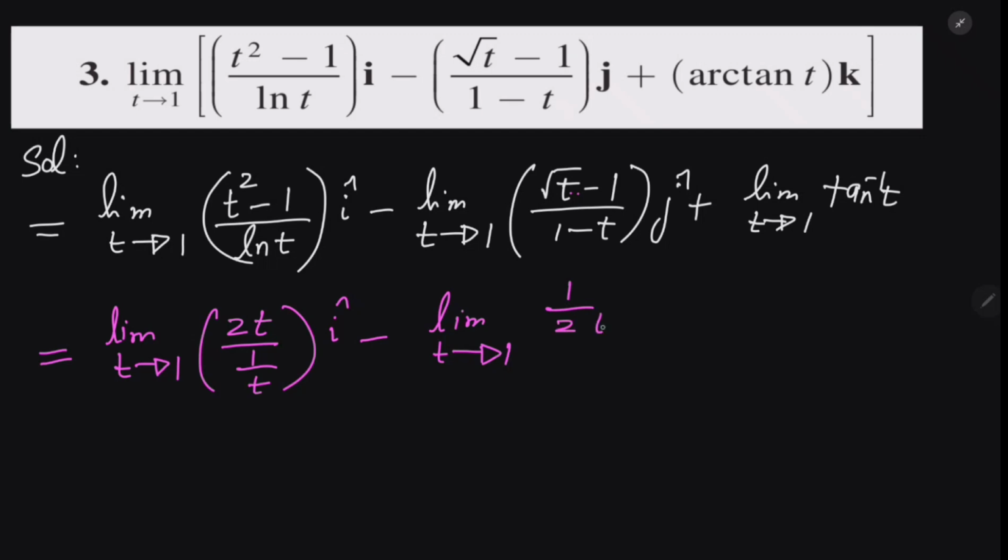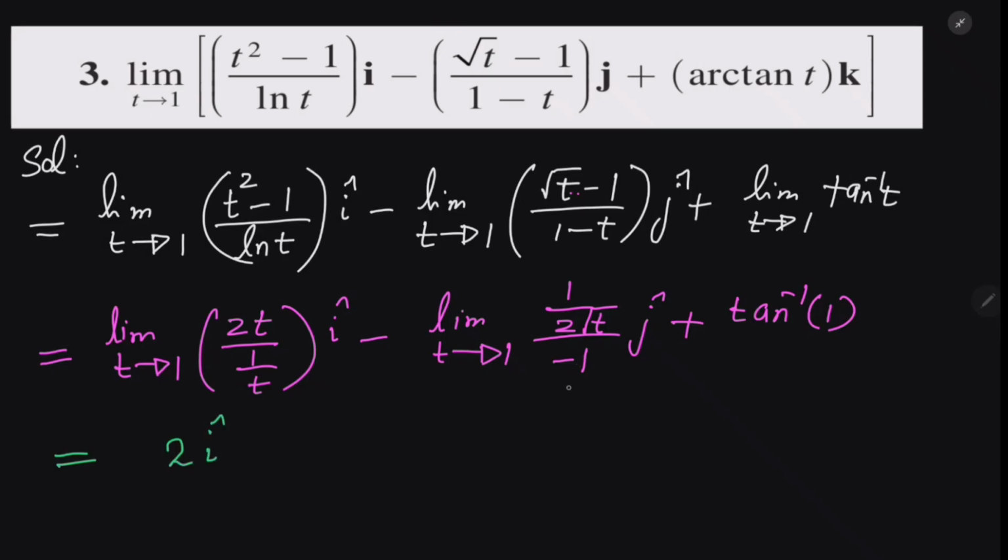So we get 1 by 2 root t over minus 1, j, plus. Then this is simple. We apply the limit to tangent inverse 1. In the first component, we get 2t squared, so we have 2i.